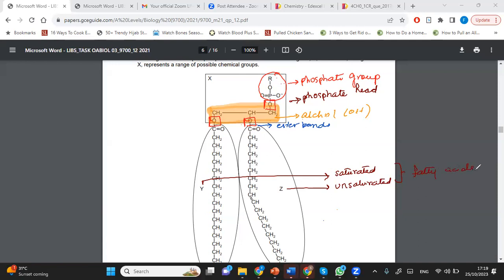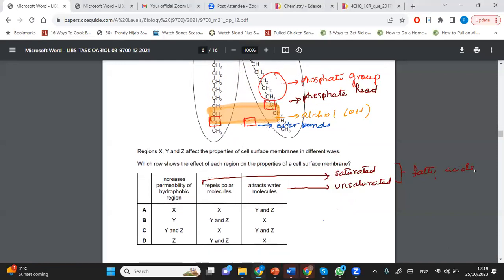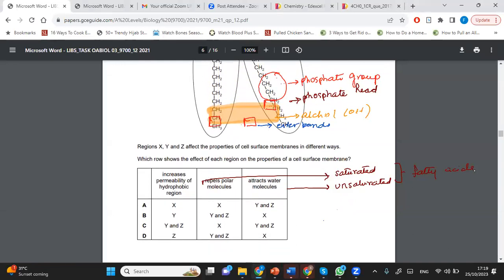Now that we have identified X, Y, and Z, we can try to answer the questions related to it. They're saying which row shows the effect of each region on the properties of the cell surface membrane. So you have to tell which region of the molecule has these properties. The first is increases permeability of the hydrophobic region.